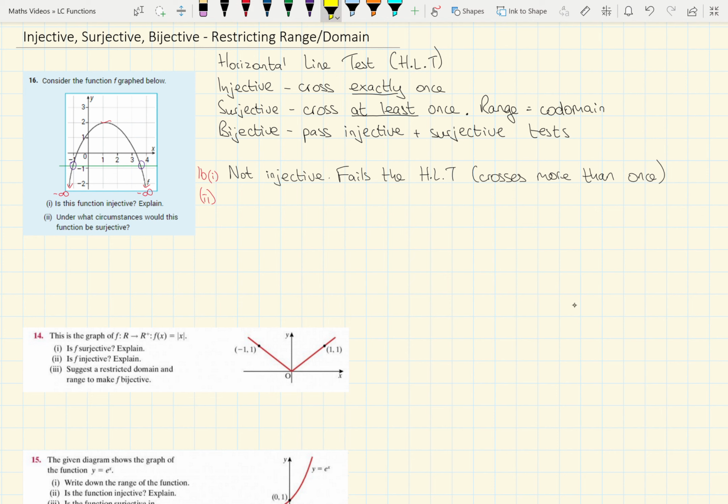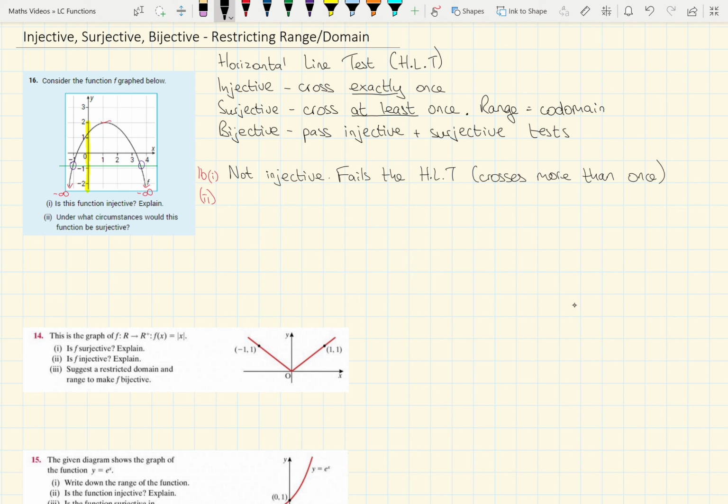So our range on the y-axis goes from 2 all the way down to minus infinity, but our potential outputs, so our codomain, is the set of reals. So we need to restrict our codomain in order to make it a surjective function.